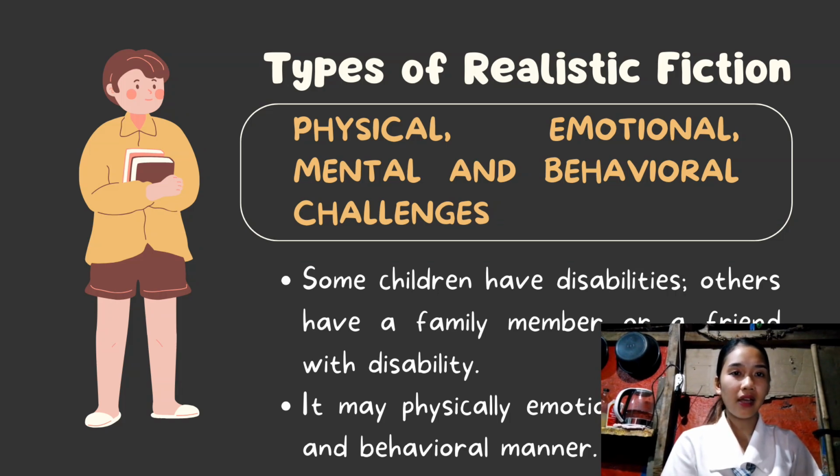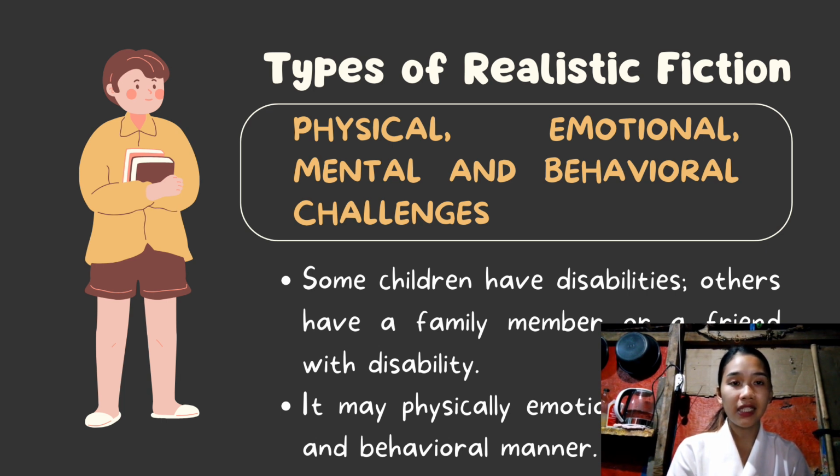And now we are done with peers. Now we will move on to physical, emotional, mental, and behavioral challenges portrayed in realistic fiction. Some children have disabilities, others have a family member or a friend with a disability. Disabilities in realistic fiction stories include characters with disability.